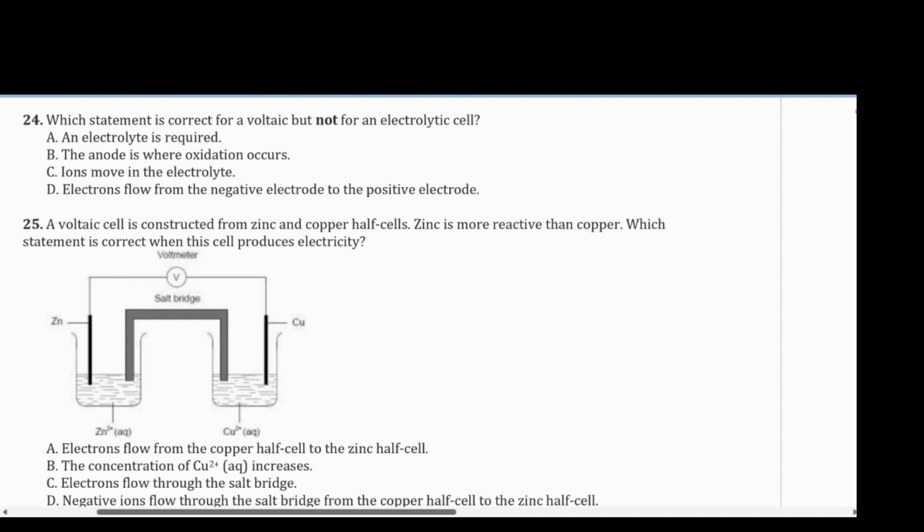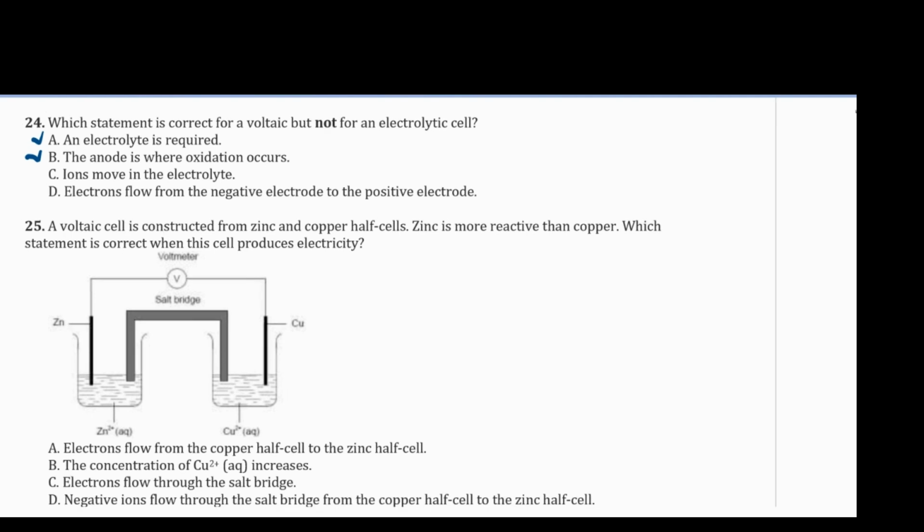24. Which statement is correct for a voltaic cell but not an electrolytic cell? An electrolyte is required. Yes, it is. The anode is where oxidation occurs. Yes, oxidation always occurs at the anode. Ions move in the electrolyte. Yes, that's right.